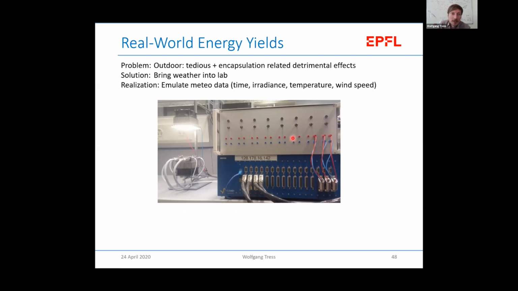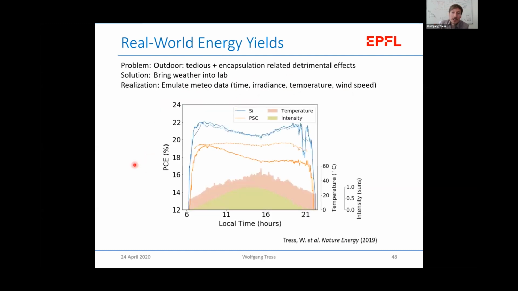What we did instead, we used meteorological data from a weather station like time, temperature, irradiance, wind speed, and plugged this into our lab setup. And with this, we could keep the device in inert atmosphere and measure the efficiency versus time.